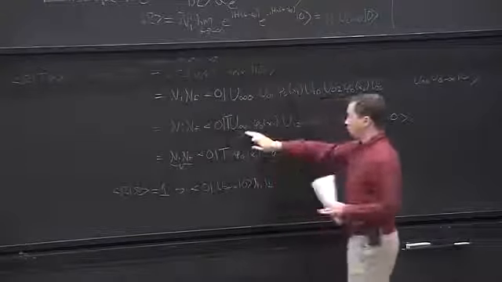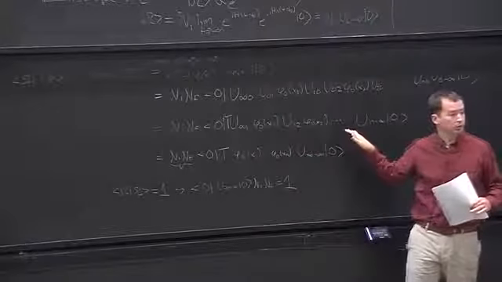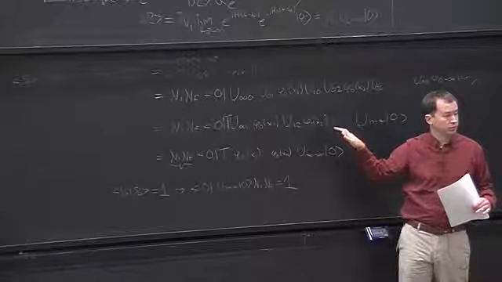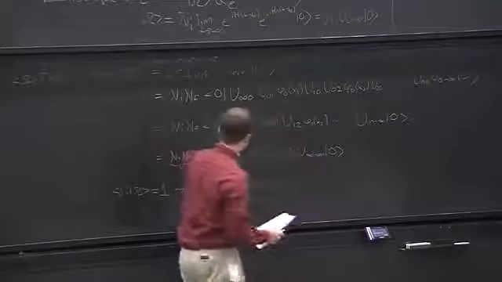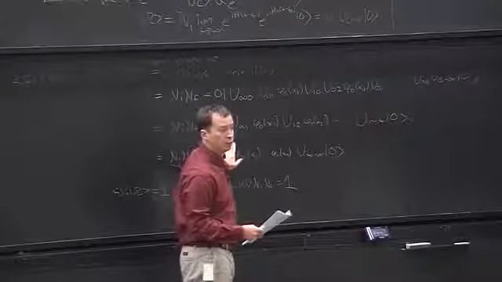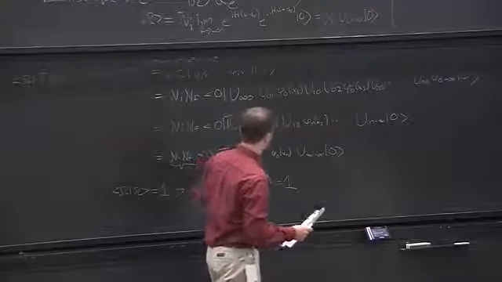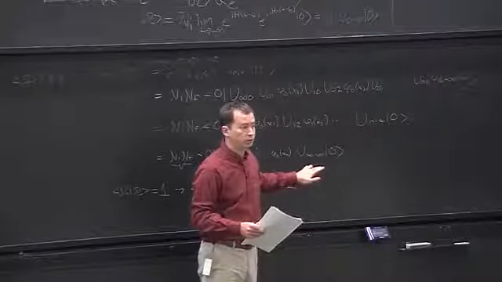I can rearrange things, and the time ordering tells me I should put them back in the same order because this is the time ordered version. So without the time ordering symbol, going from this line to this line would be problematic. But the time ordering symbol says, whatever operators we have here, we should put them in time order.